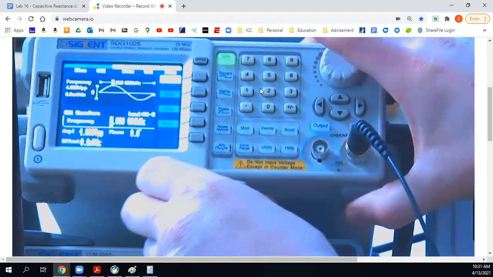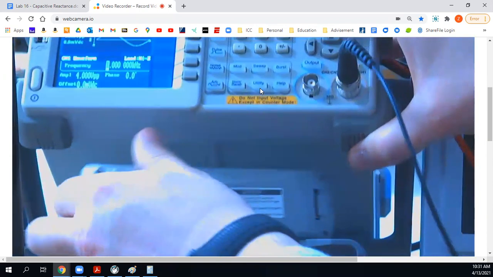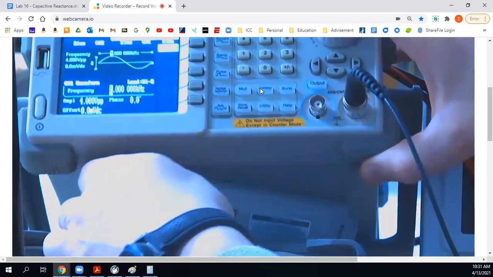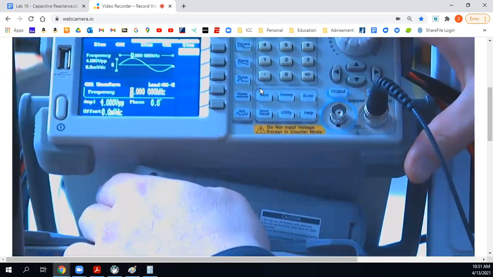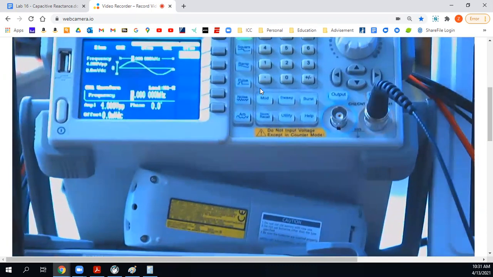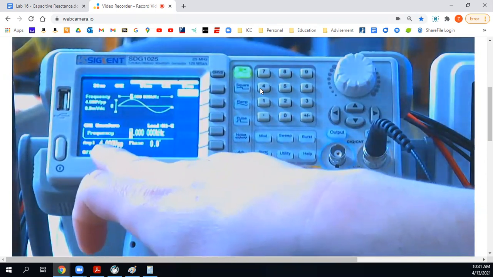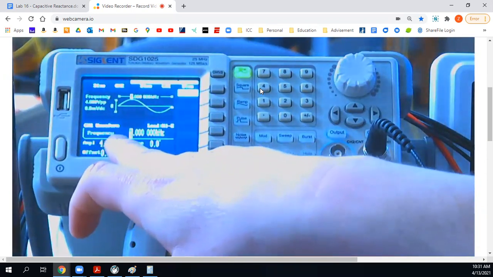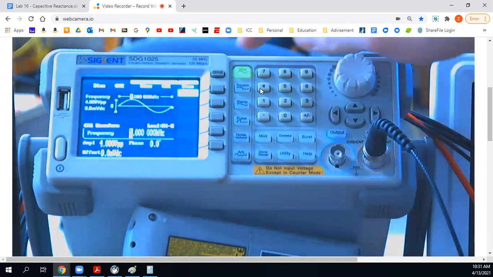Better way maybe put the glare on the screen. Right now my amplitude is 4 volts peak to peak. I haven't turned the output on yet. I'm just going to set it.